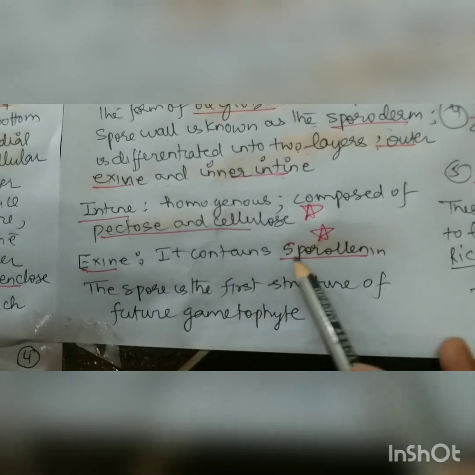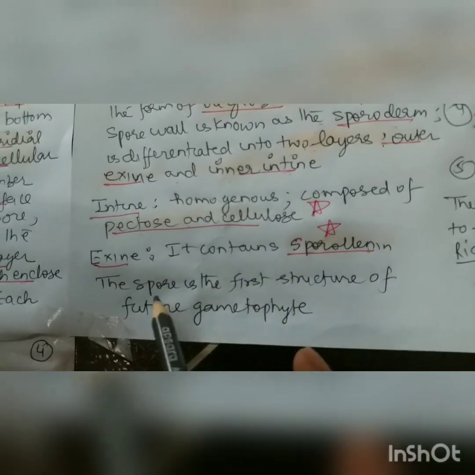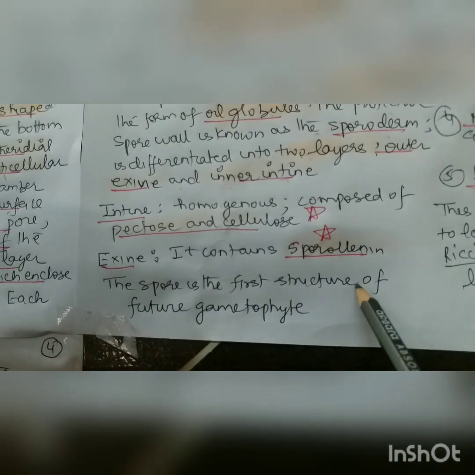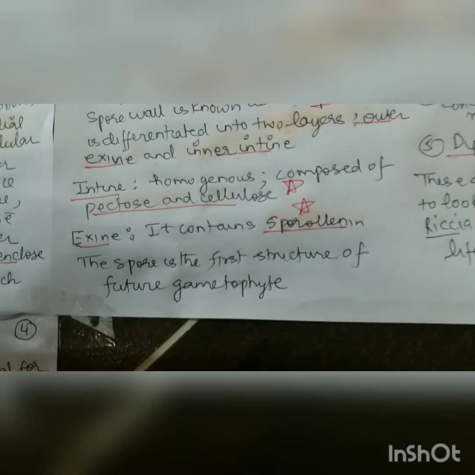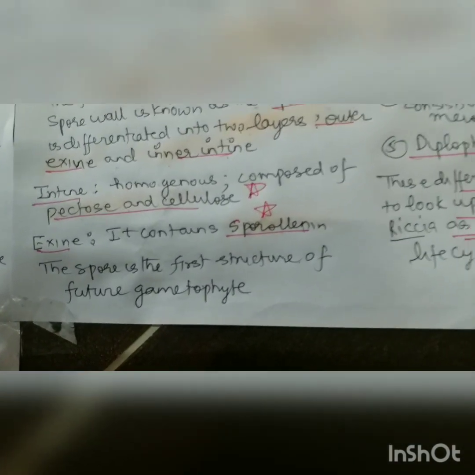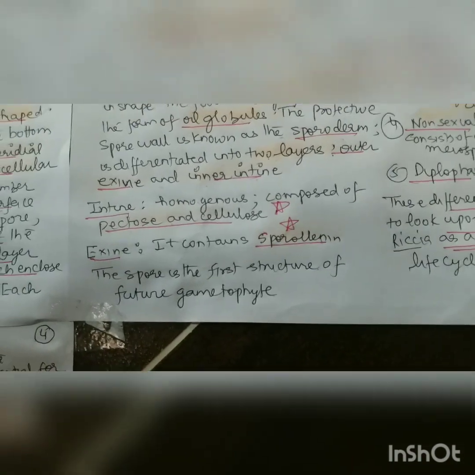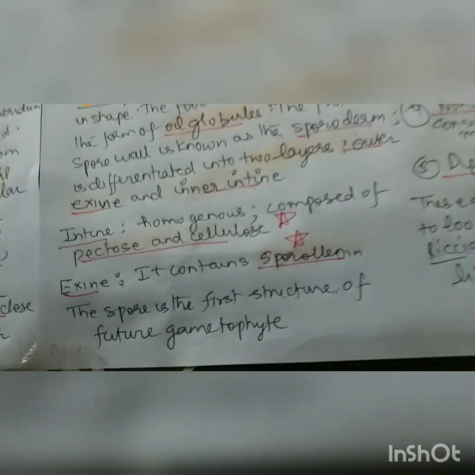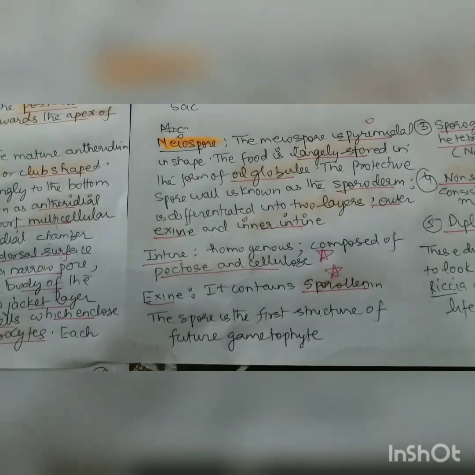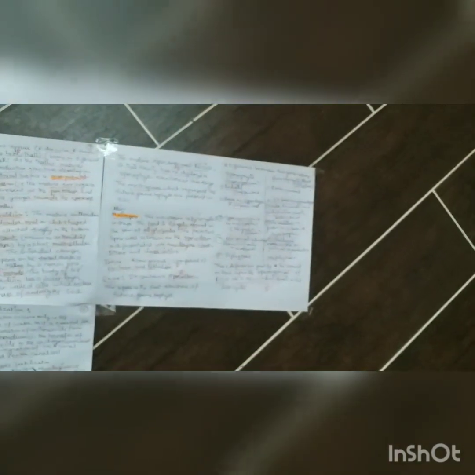Exine is sporopollenin, and the spore is the first structure of the future gametophyte, right? I already told you the sporophyte lacks foot and seta, whereas when we do Funaria, it has very well developed structures like foot and seta and other things. So these are basically the structures we will do.